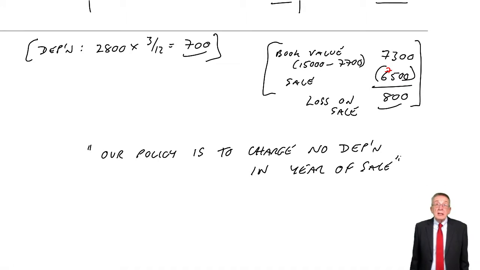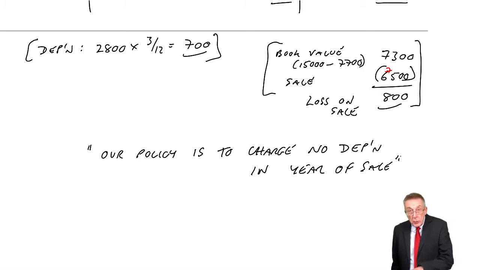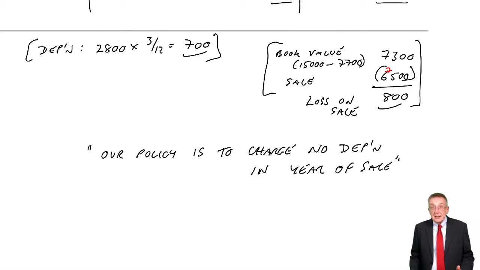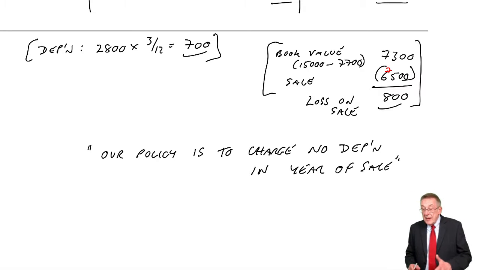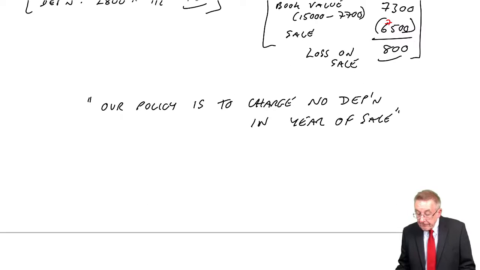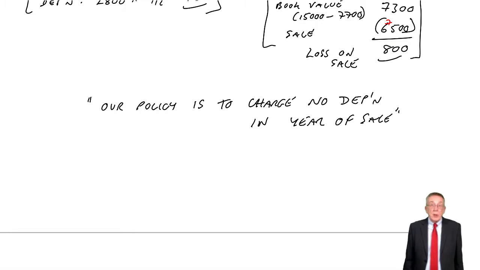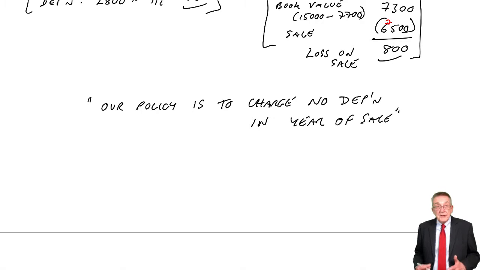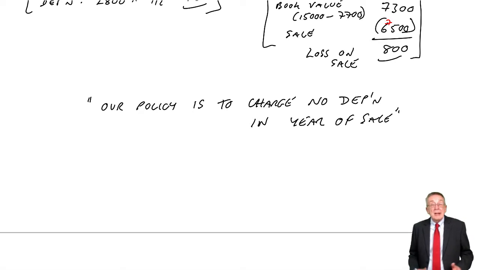Now, that's very common in real life, and you might see that in exams. If you don't see that statement, then what we've done is absolutely perfect. But again, I don't want to make it messy, but just watch me and see what would happen if the same question, if that statement had been there, because it means exactly what it says. If their policy is to have no depreciation in the year of sale, then we don't.